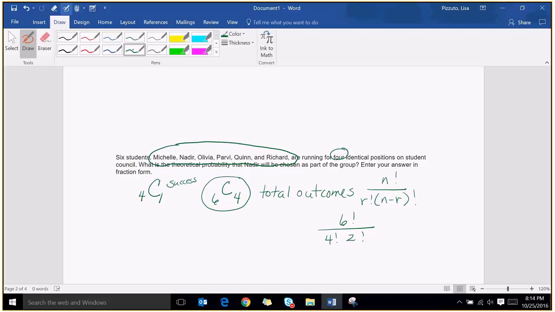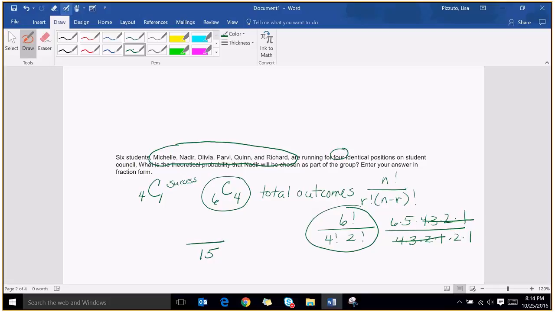So that would be 6 times 5 times 4 times 3 times 2 times 1 over 4 times 3 times 2 times 1 times 2 times 1. Wait, why double? Because this is a combination, remember, so it's r factorial times n minus r factorial. So you've got to factorial them both. So there are 15 different ways.